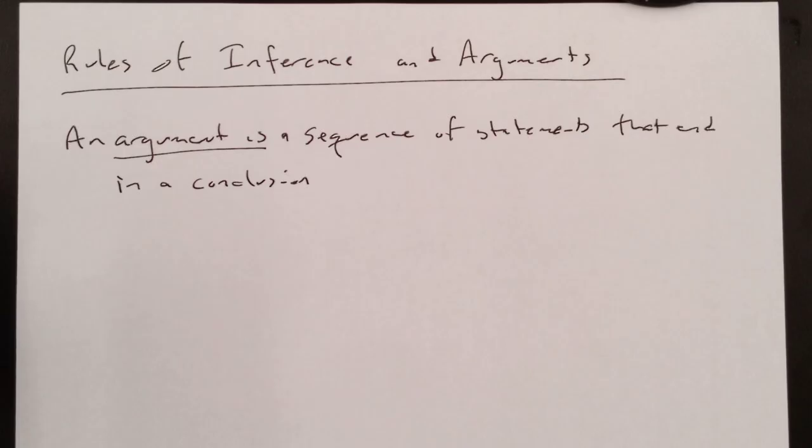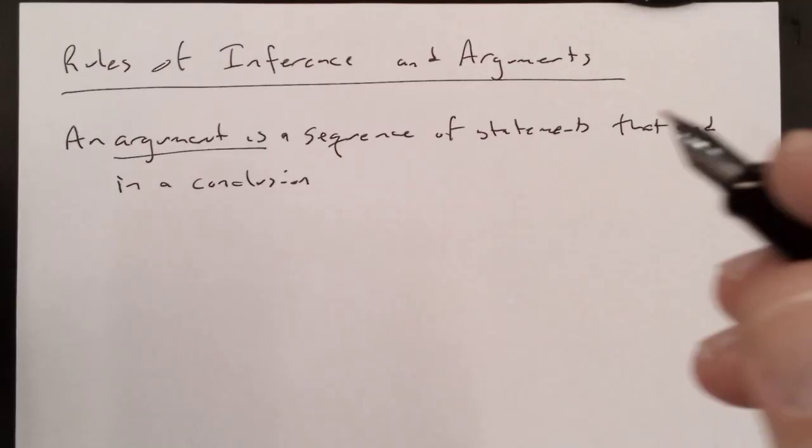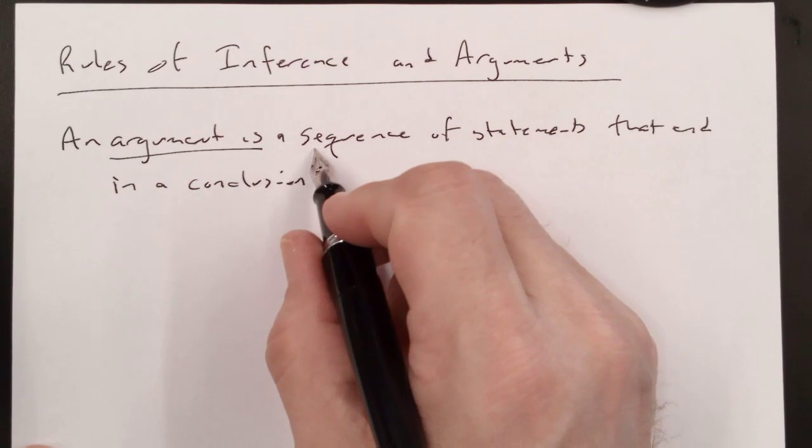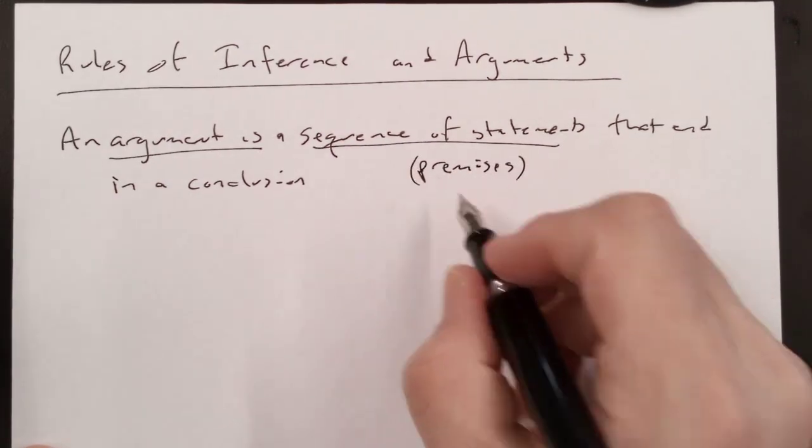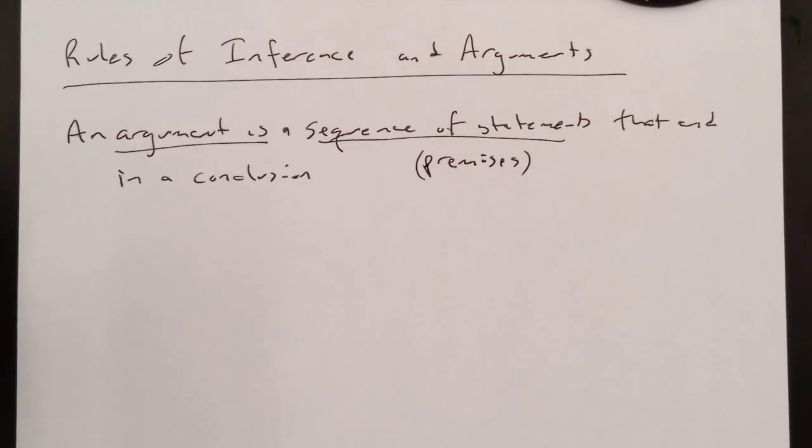An argument is a sequence of statements that ends in a conclusion. Ideally, all of the statements before the conclusion itself are called premises. So I have premise, premise, premise, premise, conclusion.